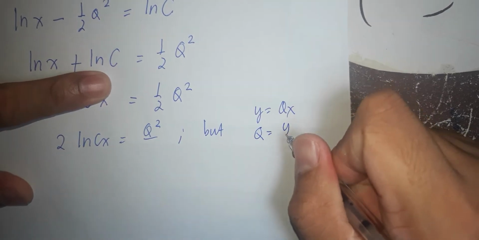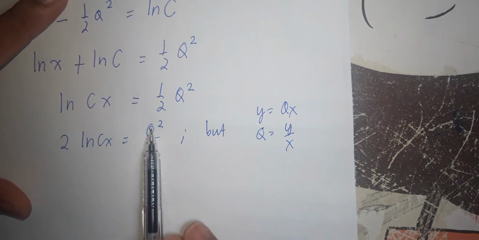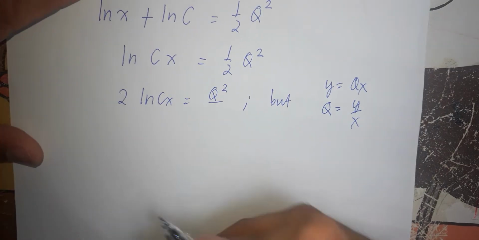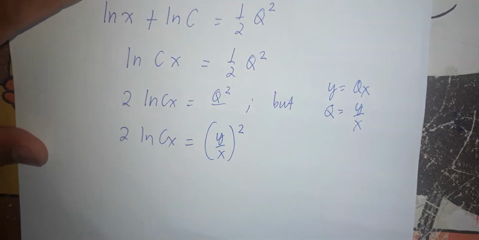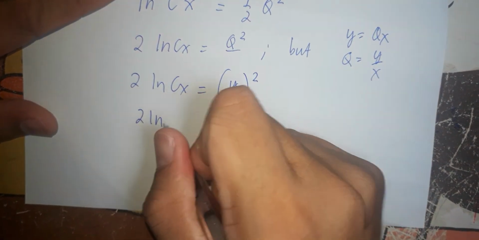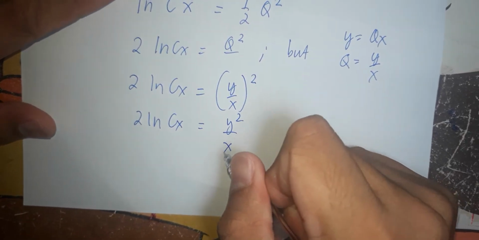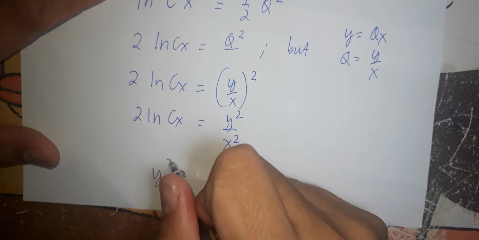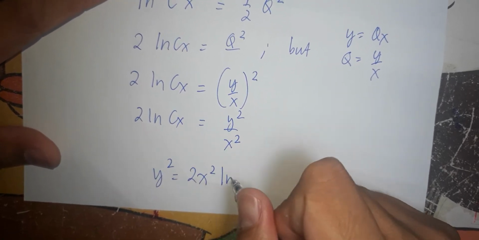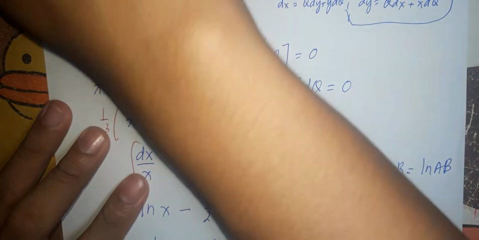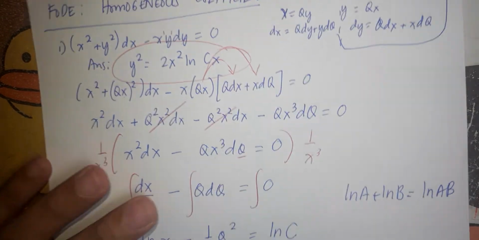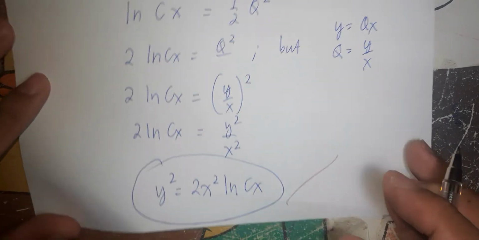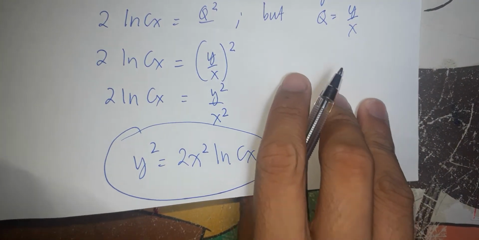Substituting, we get 2 ln cx is equal to y over x raised to the second power. Evaluating that gives you 2 ln cx is equal to y squared over x squared. Cross-multiplying gives y squared is equal to x squared times 2 ln cx. So, this will be the answer. According to Peterson's book, y squared is equal to 2x squared ln cx is the answer. So, therefore, we both got the correct answer.